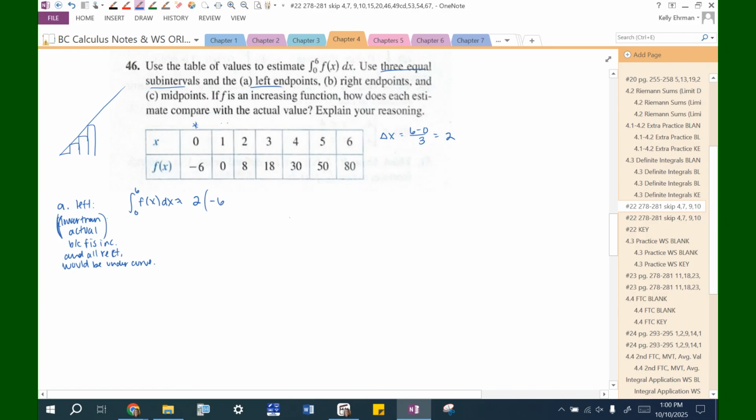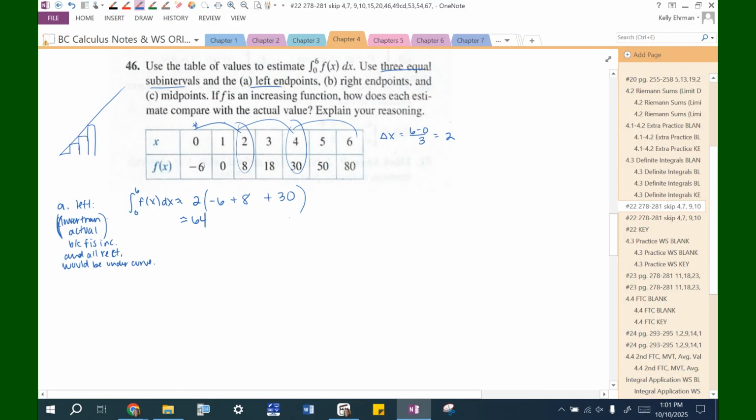Start at 0, then do 2, then do 4, but we're not going to include the endpoint. So negative 6 plus 8 plus 30. Let's see, 2 plus 30, 32, so that's 64.